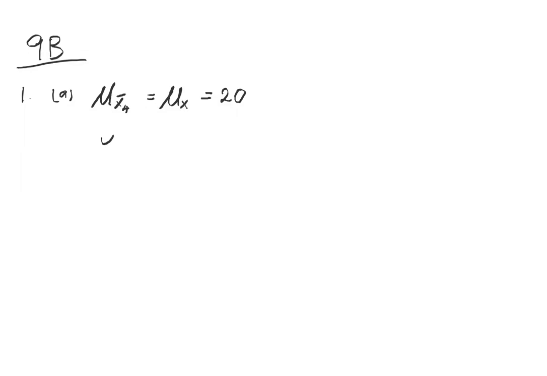And the standard deviation of X bar 4 will be equal to the standard deviation of the population divided by the square root of n, which is 6 divided by the square root of 4, which is equal to 3. Done. Okay, now, are you clear?